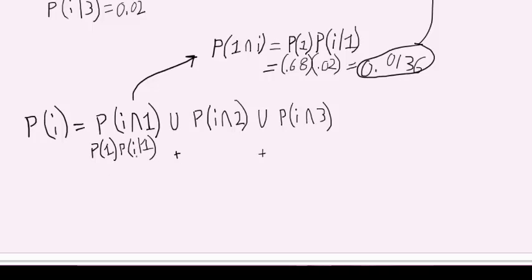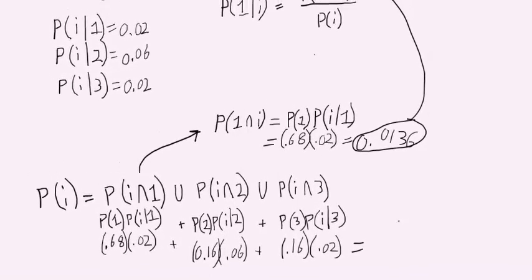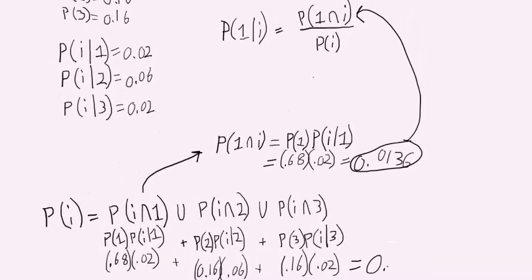We can use that same thought process for the rest of these pieces. Probability of I and 2 is the probability of 2 times the probability of I given 2, plus the probability of specialist 3 multiplied times the probability of incorrect given specialist 3 entered it. All of these pieces we have organized at the top of the problem, so it's simple to plug in. Multiply and add this through, and we get 0.0264.